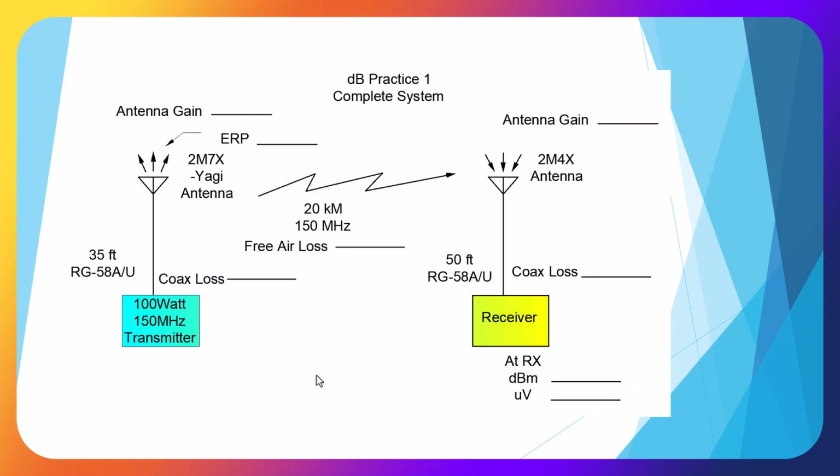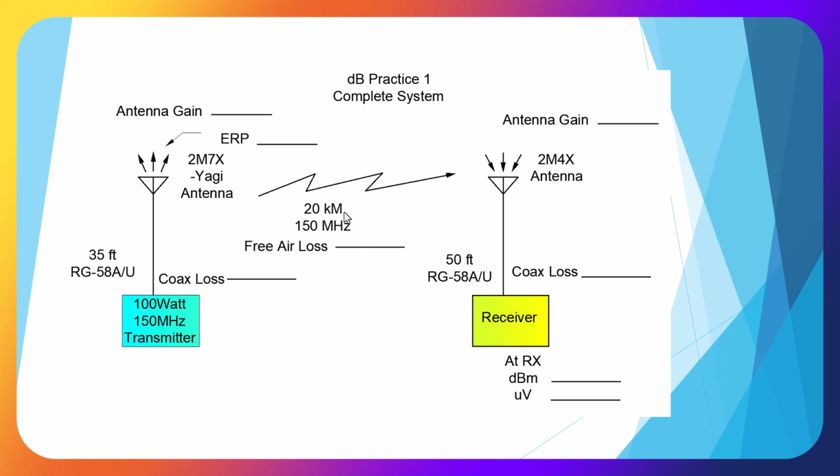Okay, here's our system. We have a 100-watt transmitter, 150 megahertz, 35 feet of RG58 coax, a 2M7X Yagi antenna.